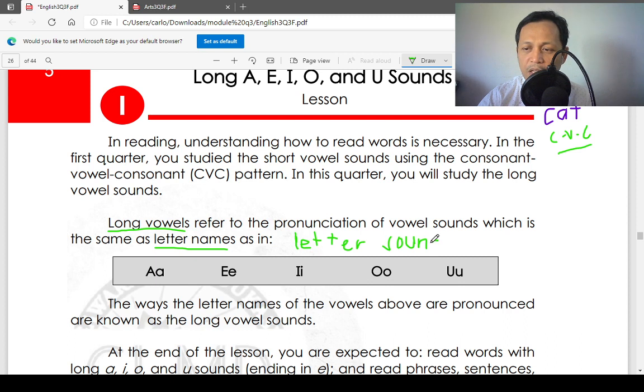Letter name is very different from the letter sound.